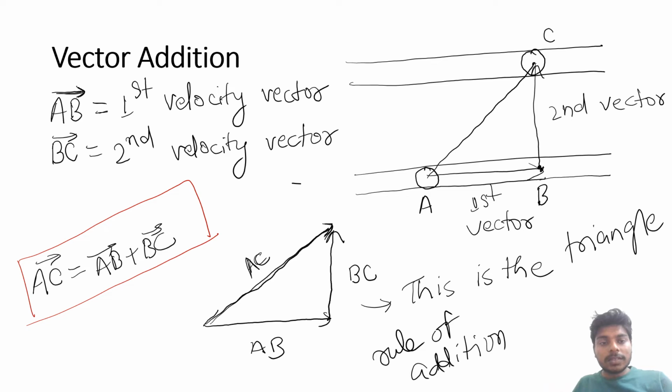If you have two velocity vectors, like earlier in the example, 3 meter per second for the first velocity vector and 4 meter per second for the second, you cannot directly sum those up algebraically. You will get the wrong answer if you do so. So you have to use the triangle rule of addition for vector addition.